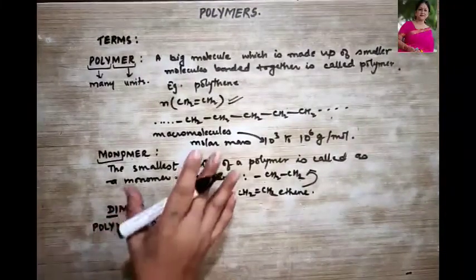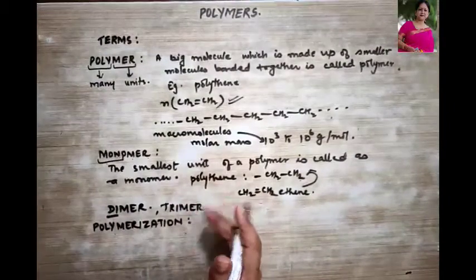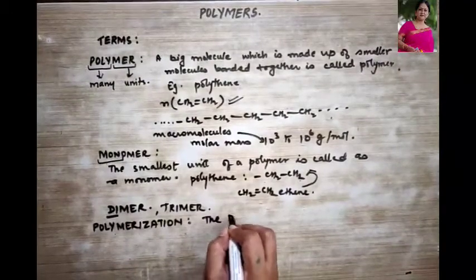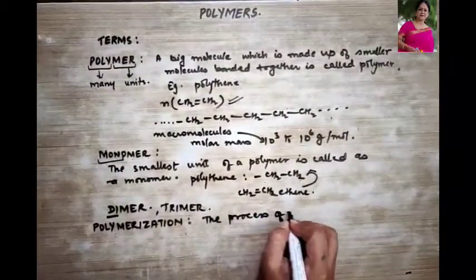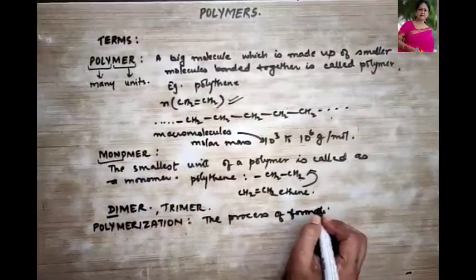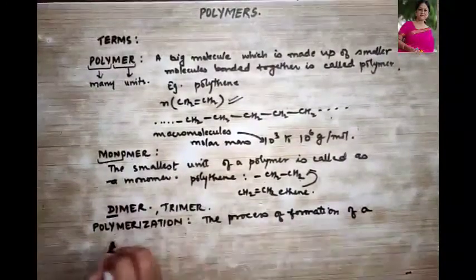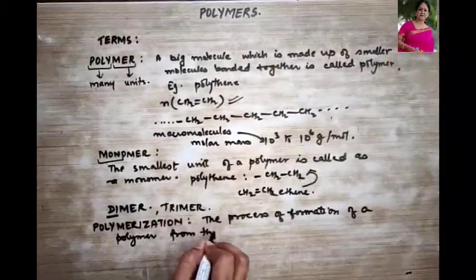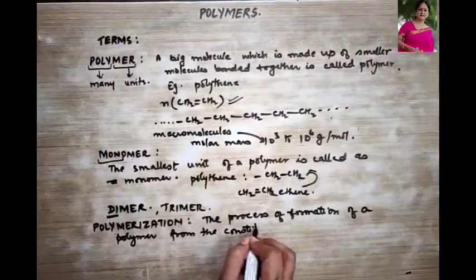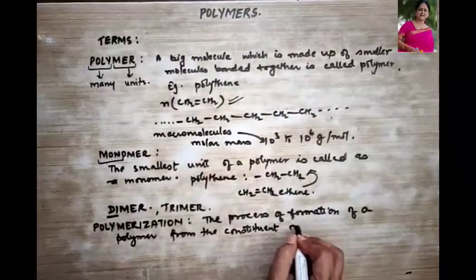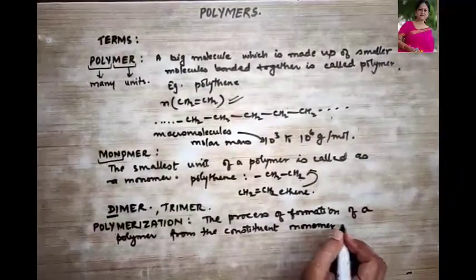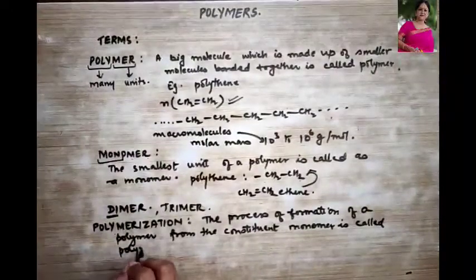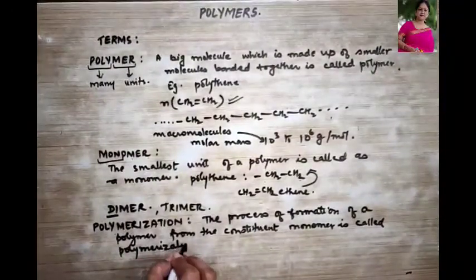The process of formation of a polymer from its constituent monomers is called polymerization.